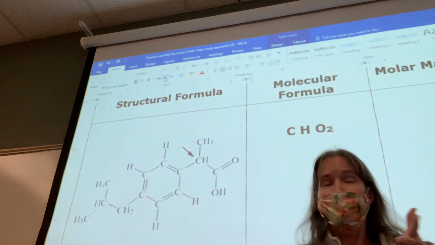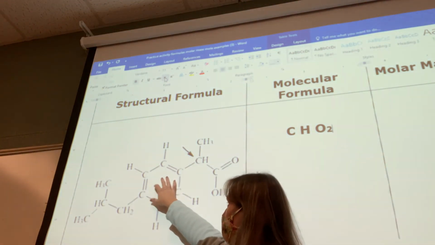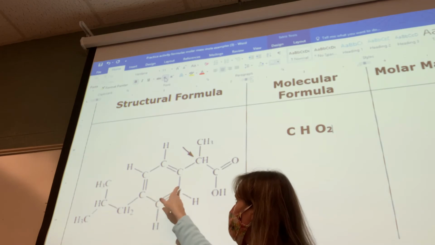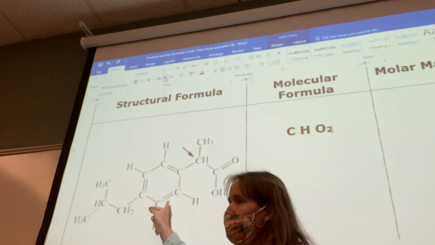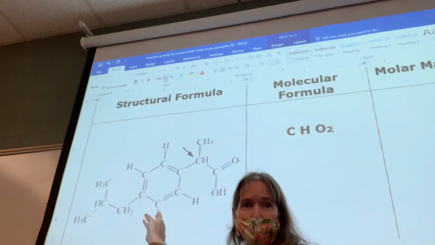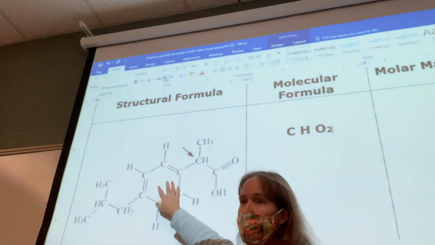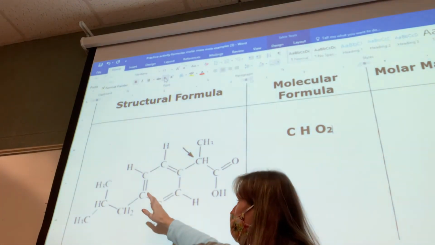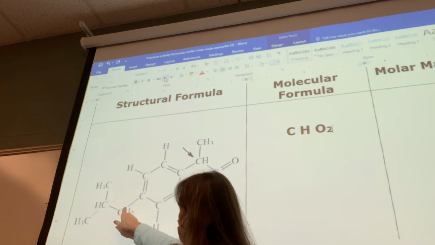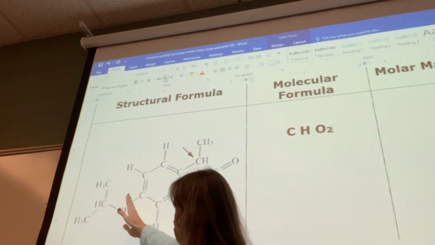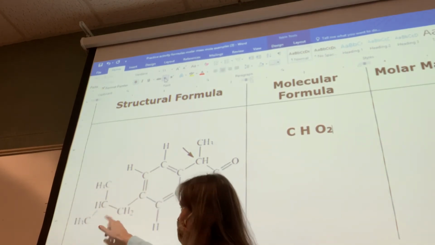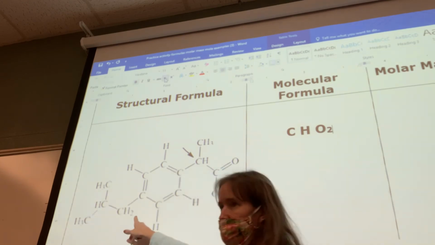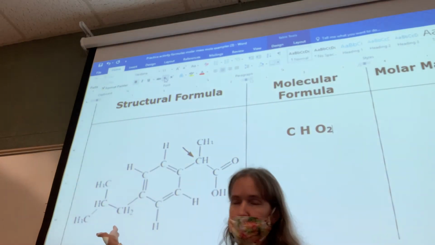So if you do it that way, if you count the center part that has the ring here, there's a carbon at every corner, and this is a hexagon. So guess how many carbons there are? There's 6 of them here. And then this carbon is bonded to this one. So we've already counted this one, but we haven't counted these. And so how many carbons are there over here? There's 4.